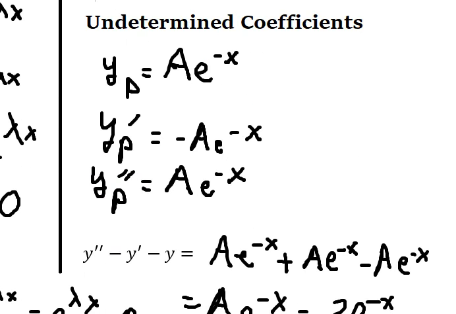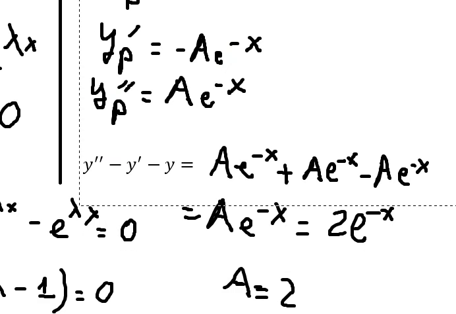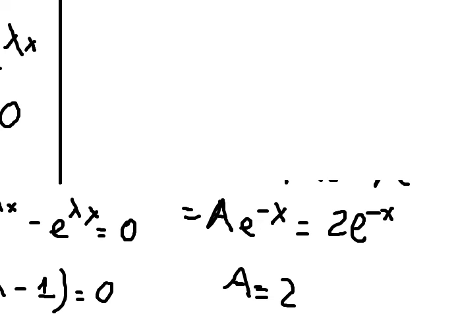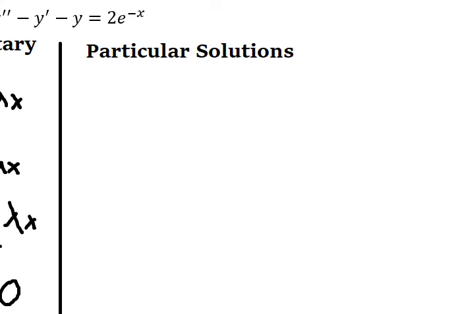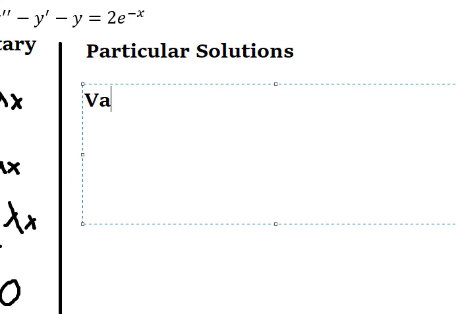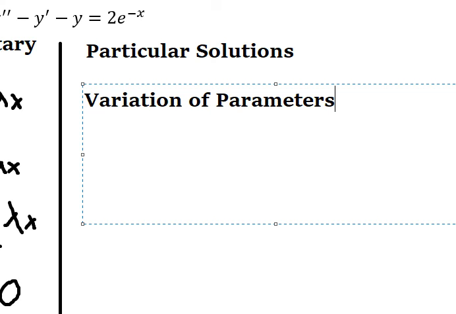Now we go to the second one, that is about variation of parameters.